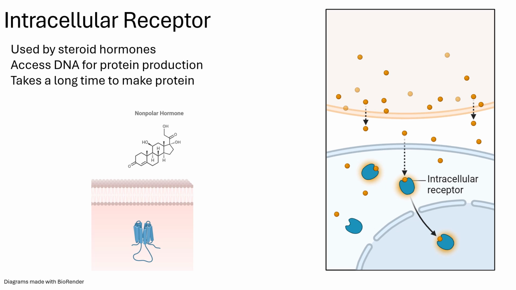Nonpolar hormones, like steroid hormones that are based on cholesterol, can pass directly through the cell membrane. And then they bind to an intracellular receptor. And as I said, this could be free floating in the cytoplasm, like my picture here, or it could be bound to an organelle or the nucleus.